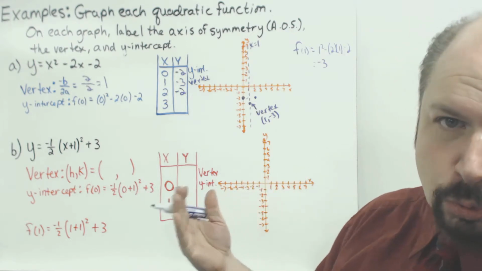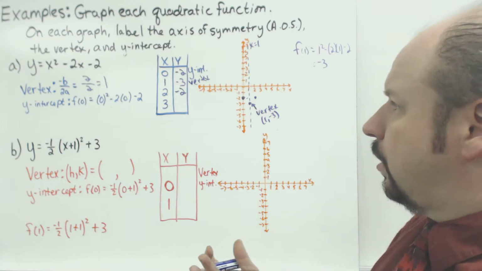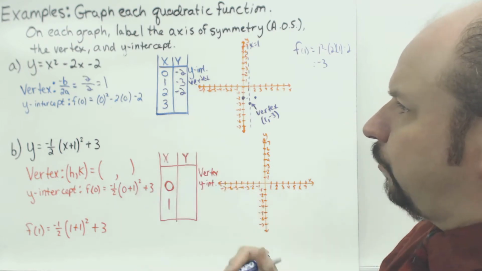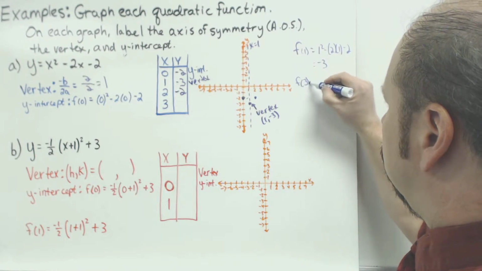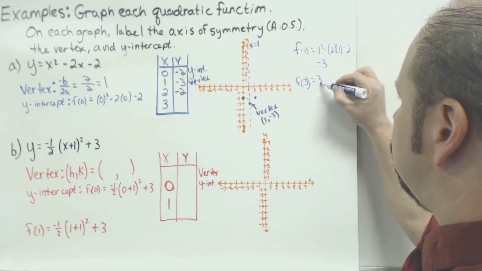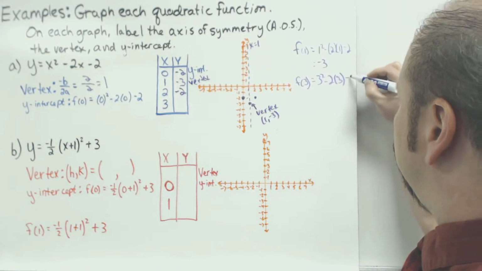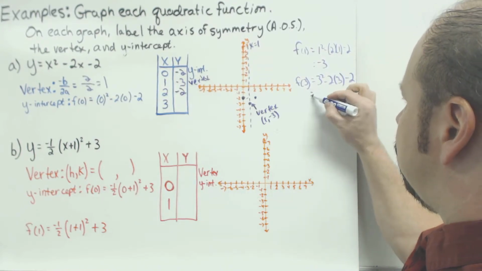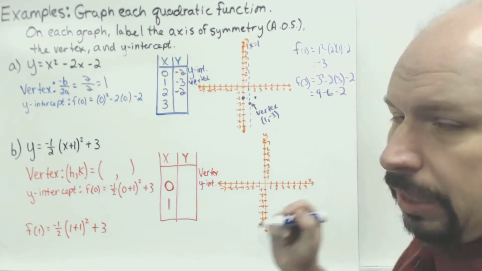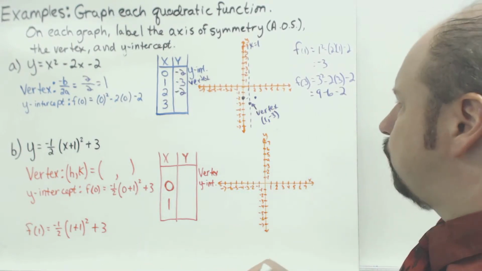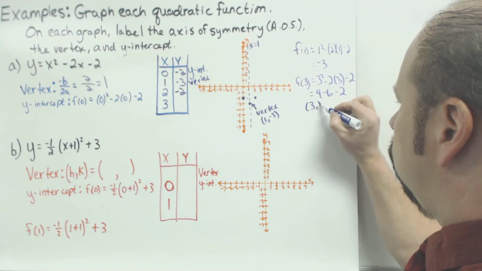We might want to find just one more point on our graph so that we can make a nice smooth graph. So I'm also going to find f of 3. So f of 3 is 3 squared minus 2 times 3 minus 2. Well, this is 9 minus 6 minus 2. 9 minus 6 is 3, minus 2 is positive 1. So that gives us the point (3, 1).